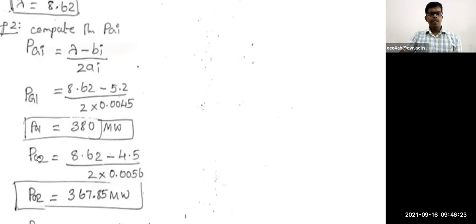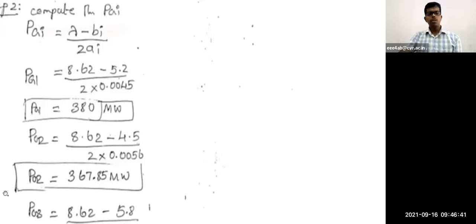Next PG2. What is the value here? 8.62 minus B2 divided by 2 into A2. Don't simply substitute. First write this general formula, lambda minus B2 divided by 2A2, or otherwise directly you can write it like that. Then after that you substitute. So PG2 you are getting like 367.85 megawatt.